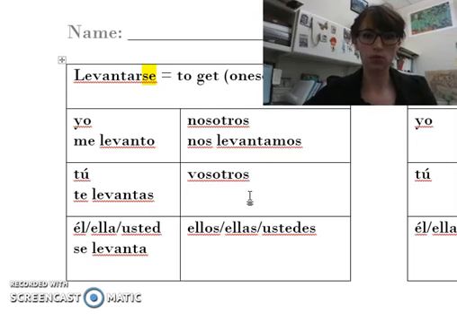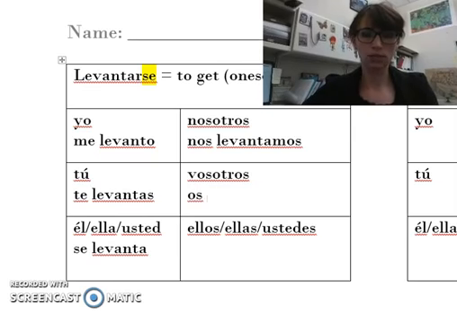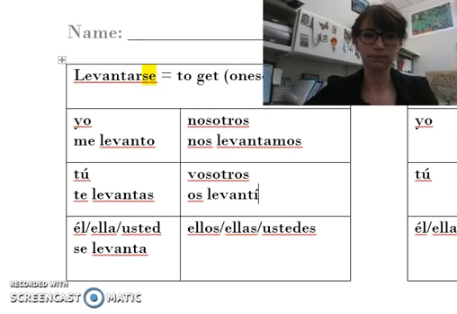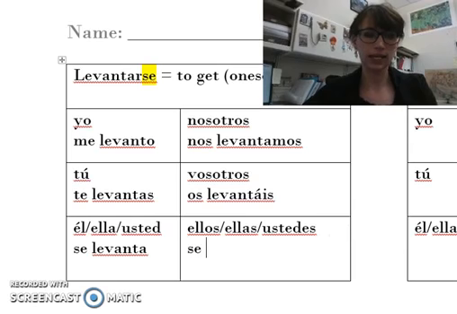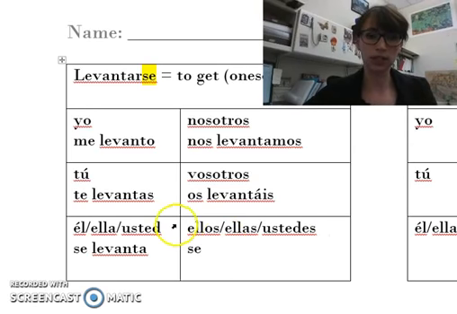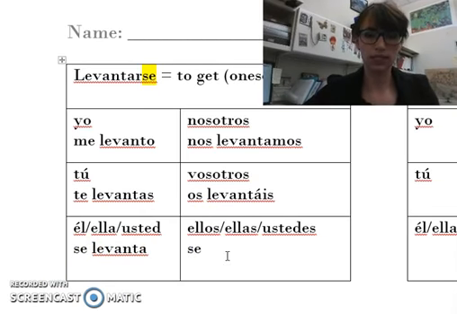Vosotros, which of course won't show up in my Spanish lab, but still is good to be aware of: os levantáis. And then ellos, ellas, and ustedes. Again, it's going to be se, so you'll notice that the pronoun is the same for the singular and plural third person forms. Se levanta.